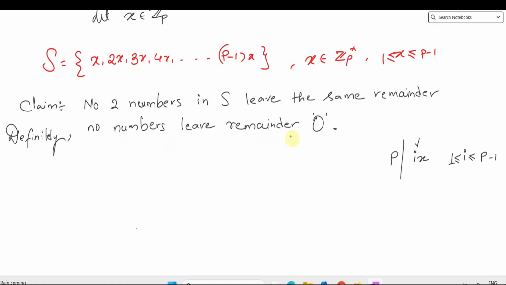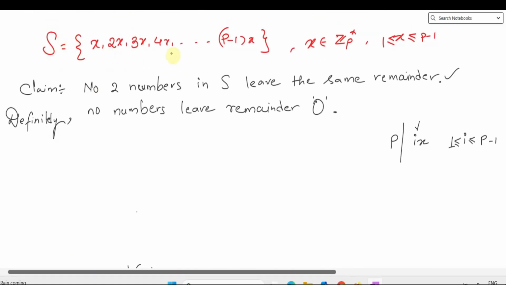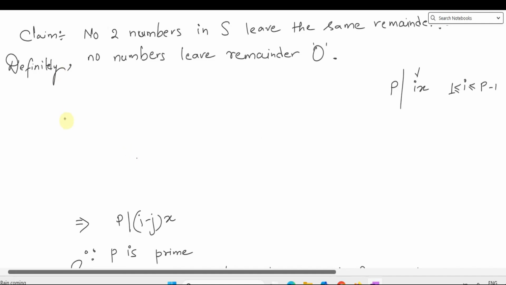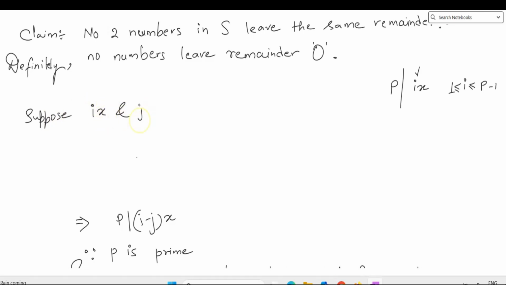Hence no number leaves remainder 0, and I am also claiming no two numbers in S leave the same remainder. So let's prove this claim. Suppose there are two numbers in this set S which leave the same remainder, say ix and jx.